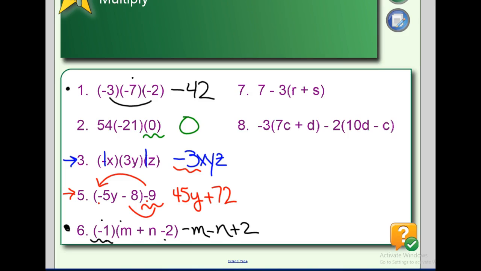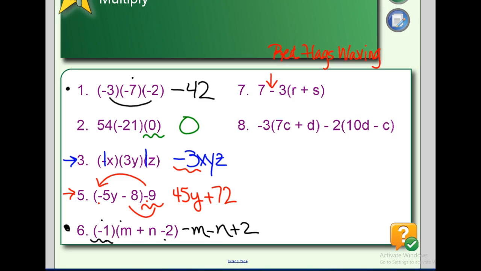Okay, 2 more over here. Let's look at my number 7. Oh, my goodness. Did you notice that we've got distributive property going on? We sure do. Did you also notice there's a negative sign in front of the parenthesis? Now, Mrs. Burton has a little thing. She calls that red flags waving. Okay.